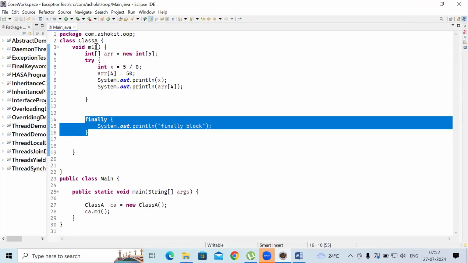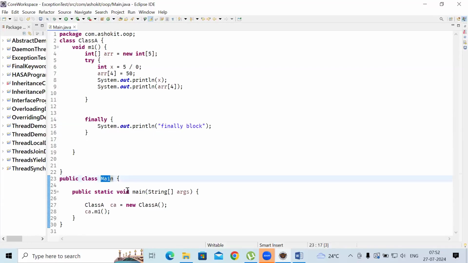After executing the finally block, the control is transferred, and the exception will be propagated to the caller method. Who is the caller method here? Main. Main method is the caller method, correct?